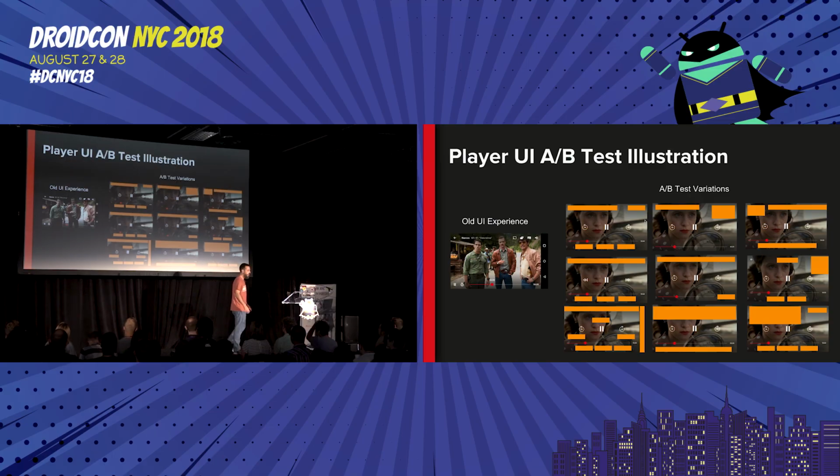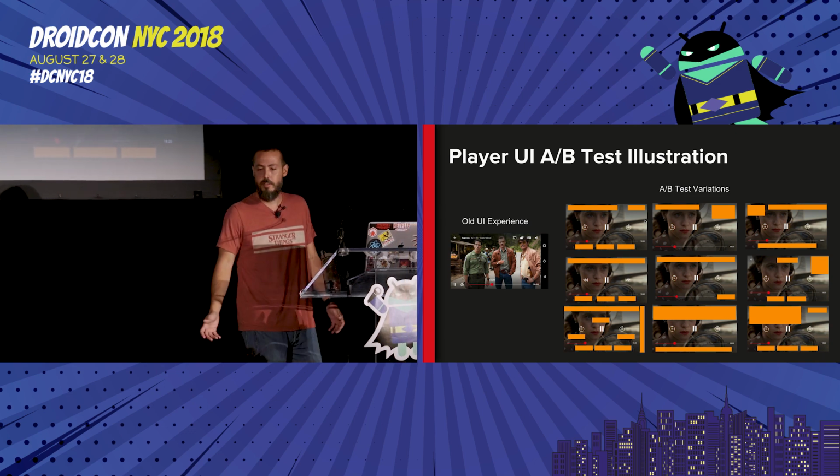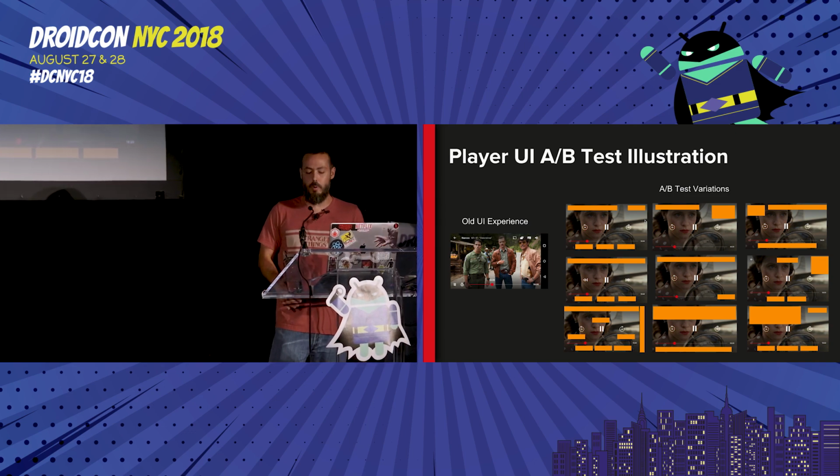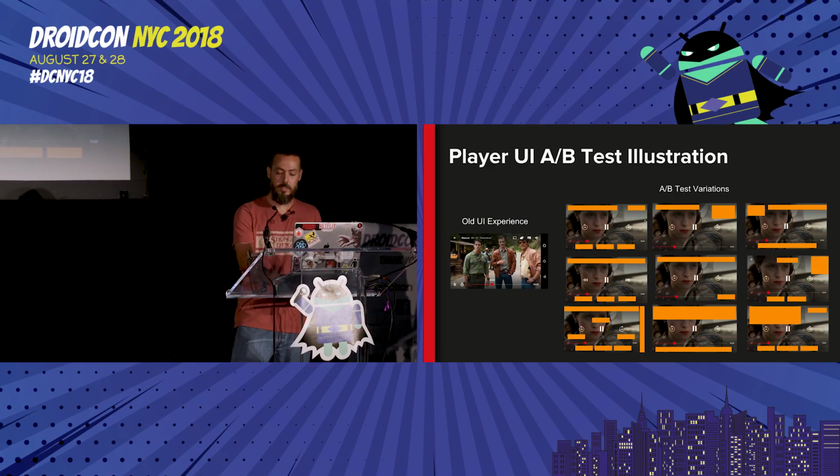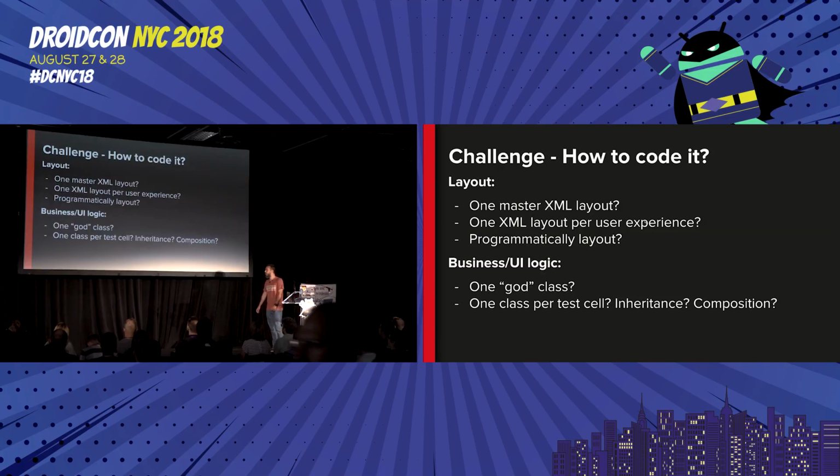So here it's just an illustration, but we might have 20 different ones that we have to support at the same time. And we cannot break the current one because everybody's using that. So what do we do? How do we code that? That's the hardest part.